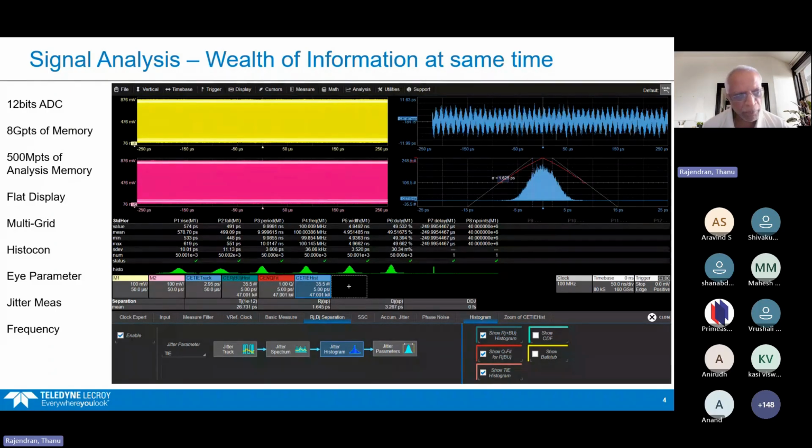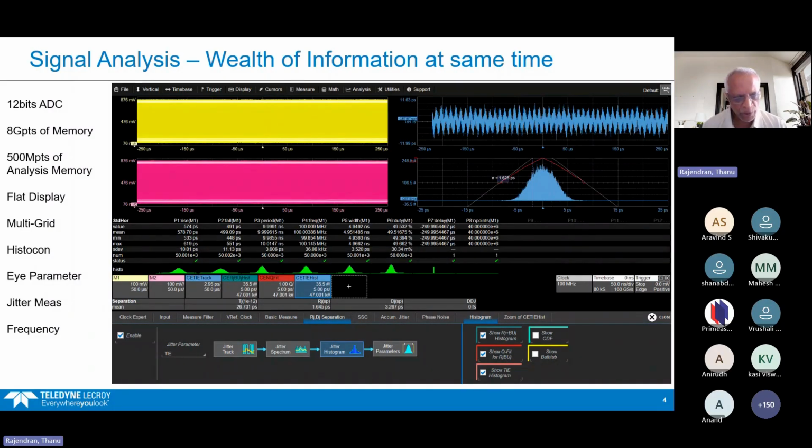So 500 million points is more than 10 times the normal standard compliance requirement. So we are able to give you a much better analysis of your signal, because you're also looking at the low jitter values at low frequencies.